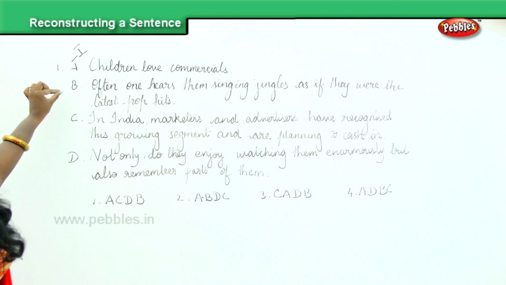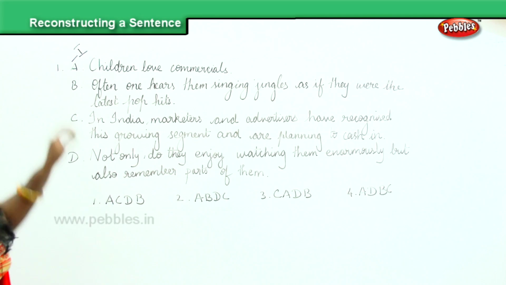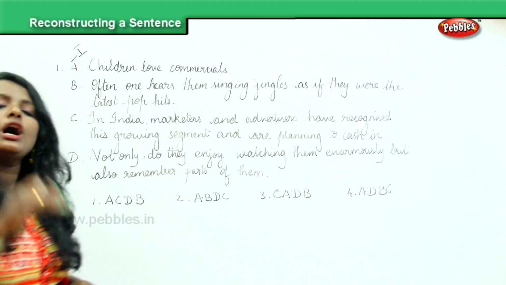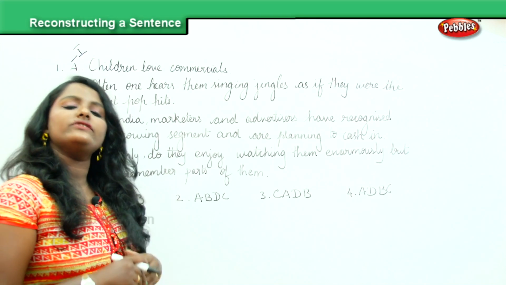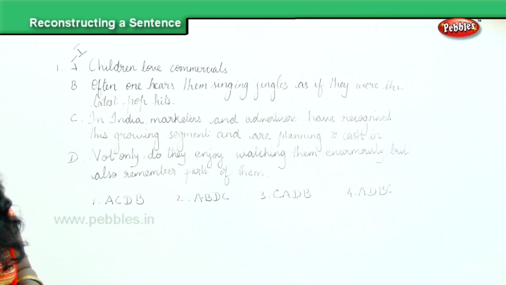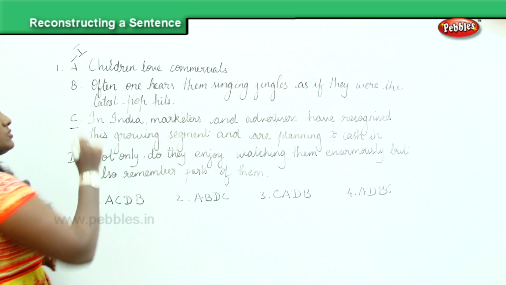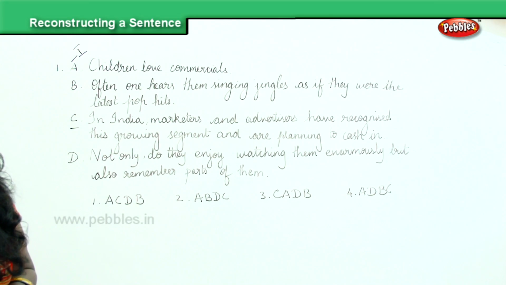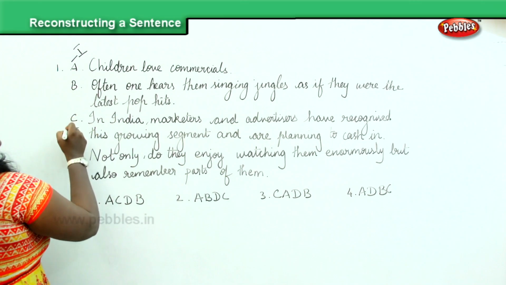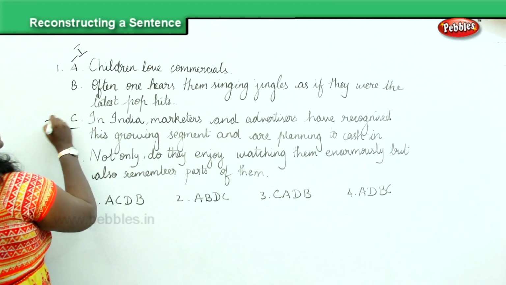But option C speaks about how marketers and advertisers are pouring their money on commercials to attract the attention. So this has got nothing to do with the love the children have towards the jingles. So I think this we can take as the 4th sentence.